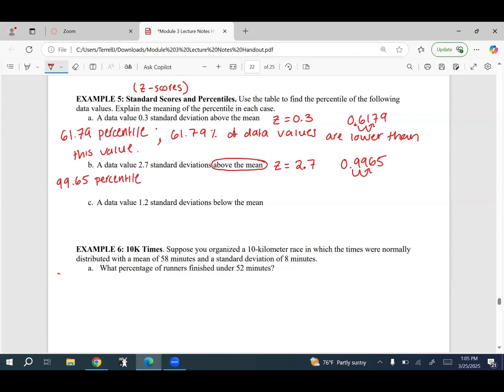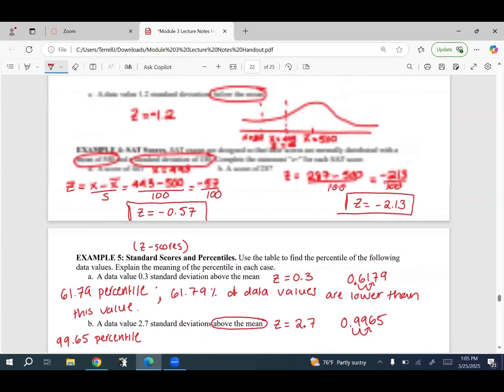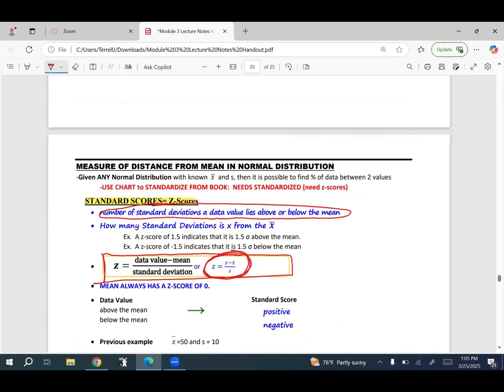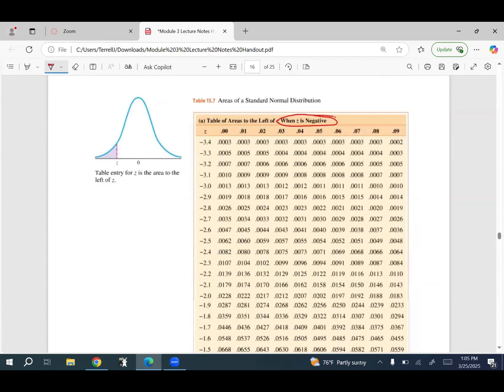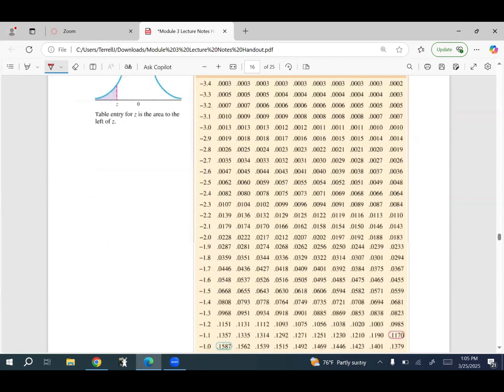For part C, a data value 1.2 standard deviations below the mean. Well, if we're below the mean, that means my z-score would be negative 1.2. So let's look at the negative z-table. Here we're at the negative z-table, and look at negative 1.2.